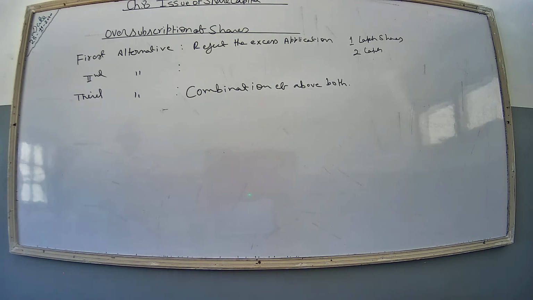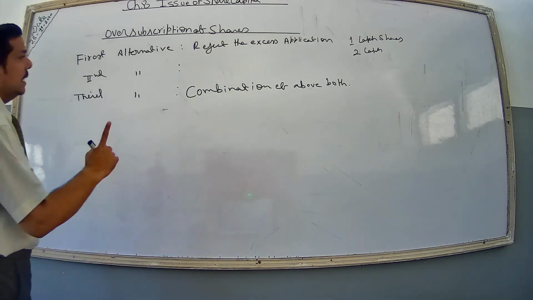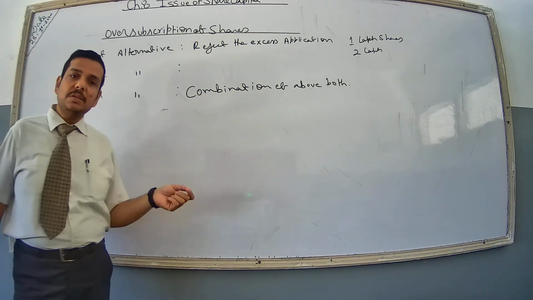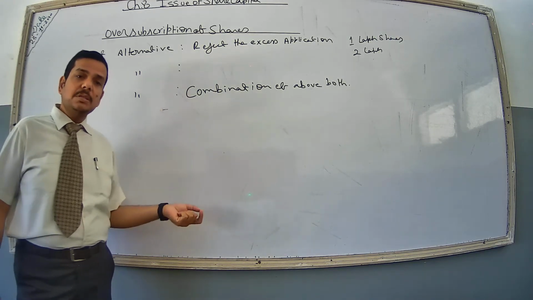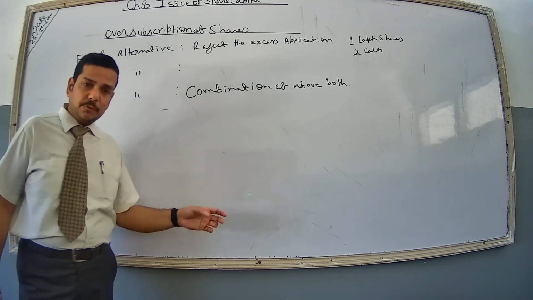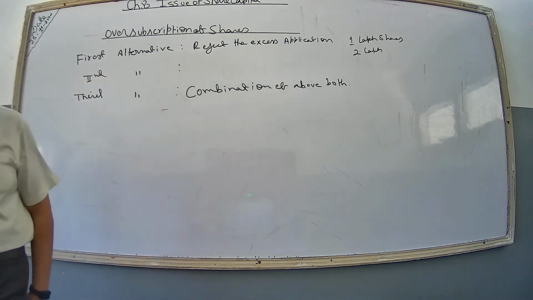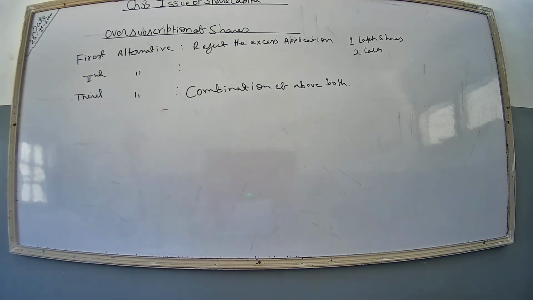In case of oversubscription, the company can make full allotment to some applicants, partial allotment to others and no allotment to the rest. You can apply both methods. Reject some, give proportional allotment to some shareholders, give full allotment to some shareholders. This is called pro rata allotment.